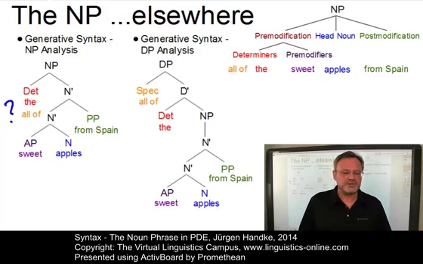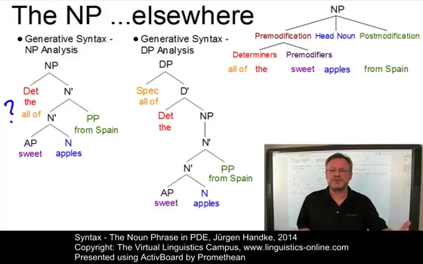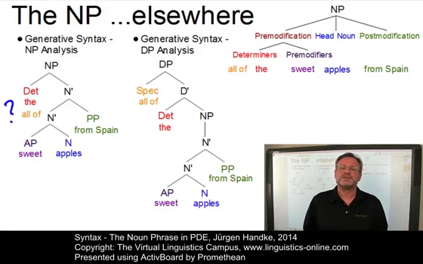Today, the determiner phrase analysis of phrases such as the apple is the majority view in generative grammar, but it is a minority position in the study of syntax and grammar in general. Most frameworks outside of generative grammar continue to assume the traditional noun phrase analysis of noun phrases.